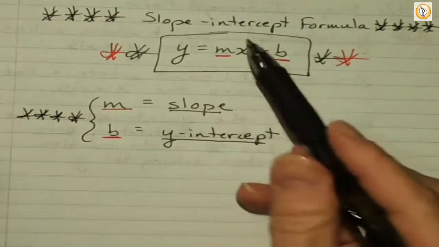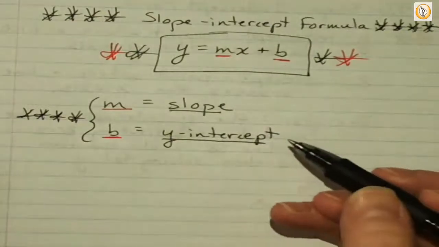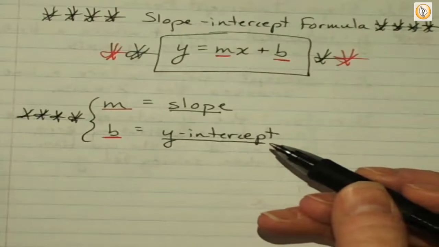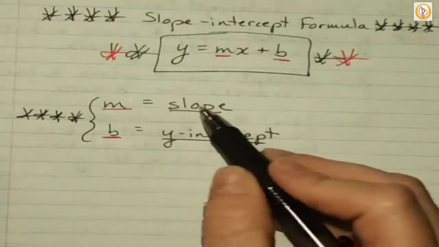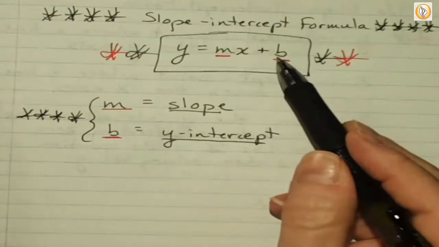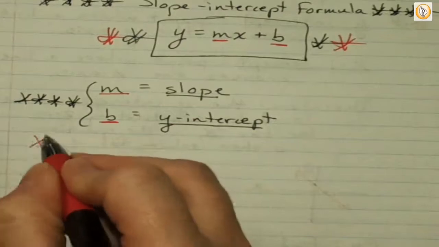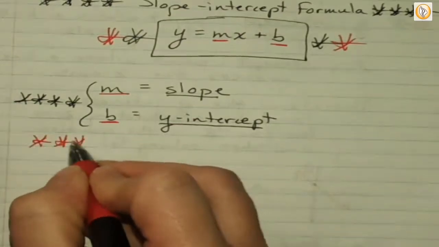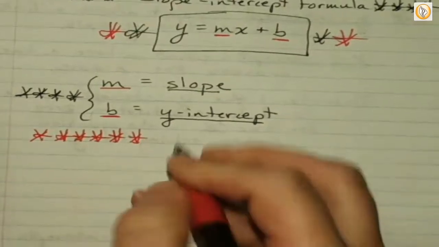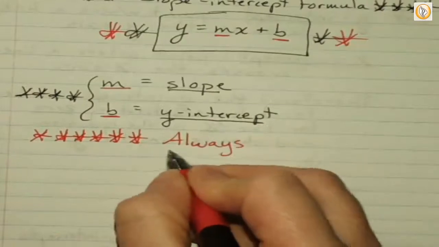No. If you get these two confused in the equation, you will not be able to graph a line. So the slope is your M, your B is your y-intercept. I'm putting all these stars so you can tell how important this stuff is. You put like 14 stars on this whole entire page.